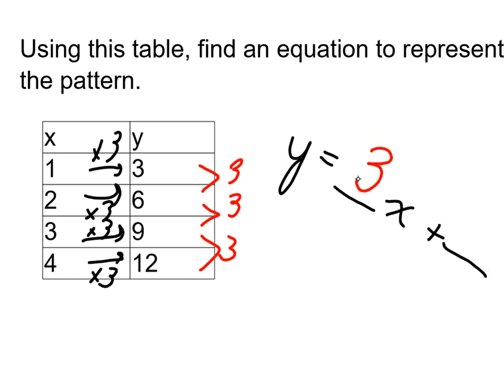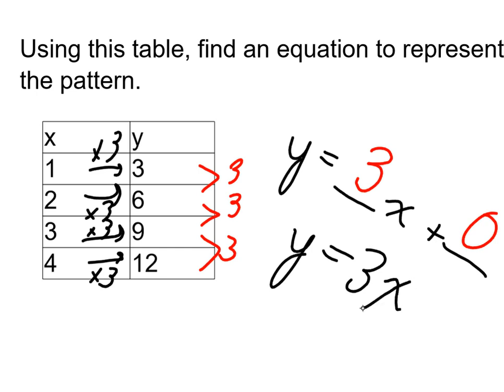We can put it right there. Now we have to figure out that second number. Okay, so 3 times 4 is 12. Hey, it says 12. 3 times 3 is 9. Hey, it says 9. 3 times 2 is 6. Hey, that's working. So what that means is we're not adding anything. We're adding 0. So we'd write that as just y equals 3x. We're not adding anything. So there's our equation.